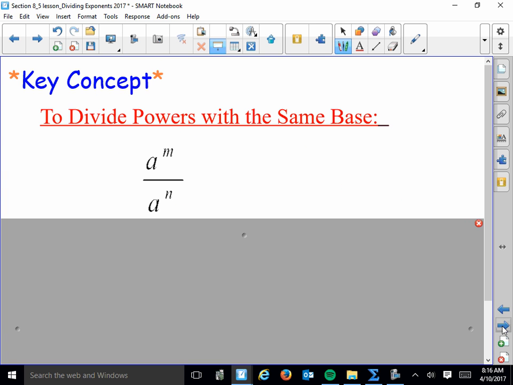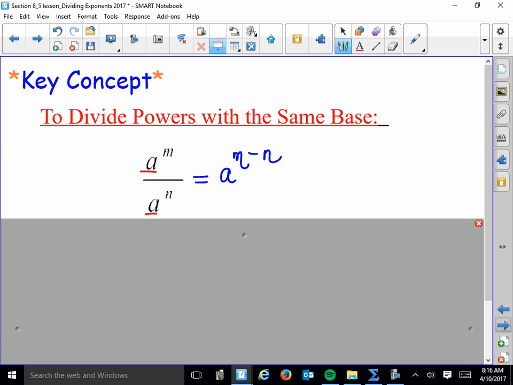Okay, well, here we are. To divide powers with the same base, the shortcut is that we can, and I'm sure you were thinking of it, subtract the exponents. So if we have a to the m divided by a to the n, the quotient is a to the m minus n. Again, this only works if we have the same base.